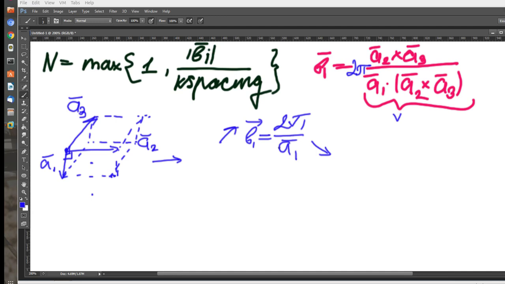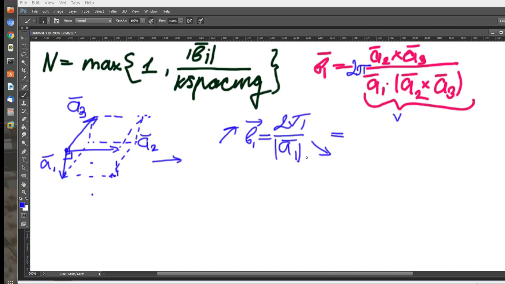And if the absolute value of a1 is larger than 2 pi, that means that vector b1 is less than vector a1.